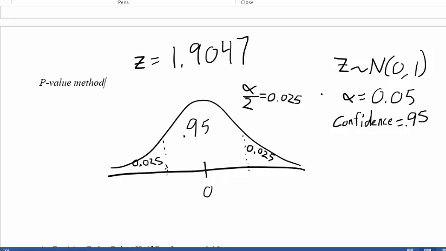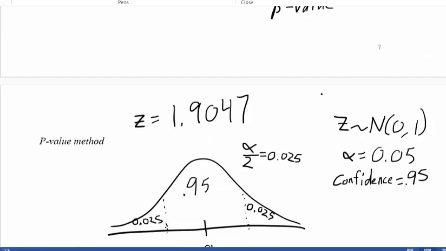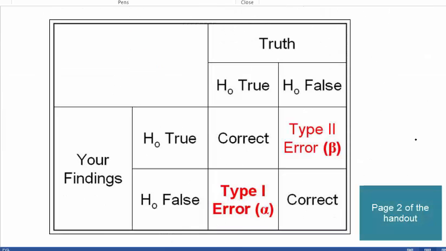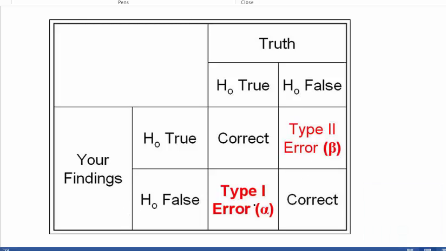I'm going to scroll up to the beginning of this handout where there's a chart that displays type 1 errors. I'm on page 2. It's kind of a nifty matrix that shows the different types of decisions we can make when doing hypothesis testing. So let's say in reality, my null hypothesis is true. But maybe I go through my research findings and this hypothesis test, and I say that it's false.